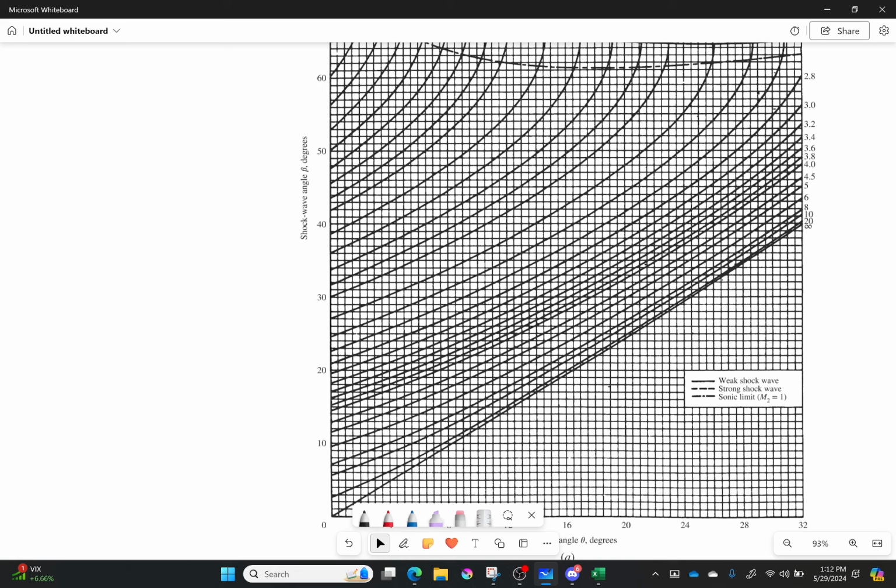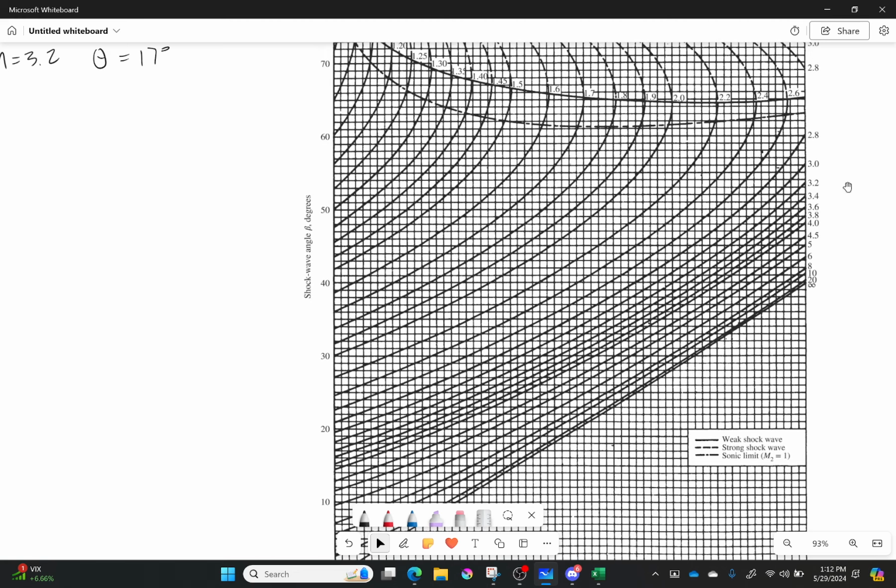Okay, so I have a deflection angle of 17 degrees, and I have a Mach number of 2.4. So first I'm going to trace the 2.4 line to make it easier for myself to see. Here is 2.4, and so this is the one I'm tracing. Okay, that looks good.